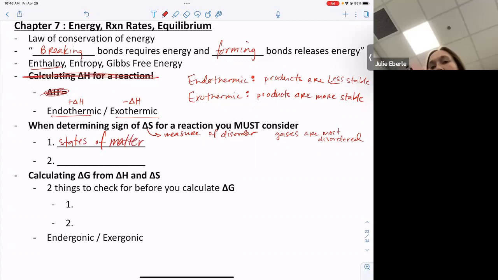What I mean by that is you need to assess: in this reaction, am I making solids, or am I going from a gas to a liquid? What's the transition that's happening? Do I have gases on the reactant side and gases on the product side, so I can't really consider if things are becoming more disordered or less disordered from states of matter? So think about what states of matter your reactants and your products are.